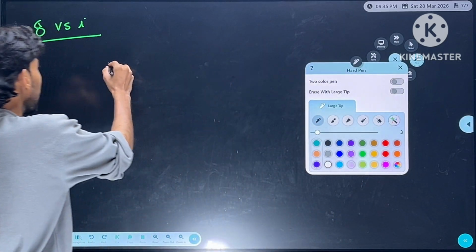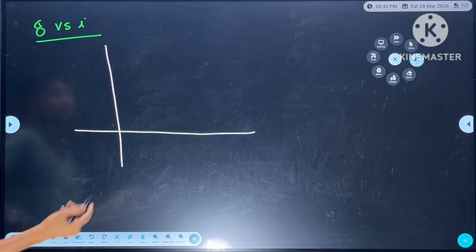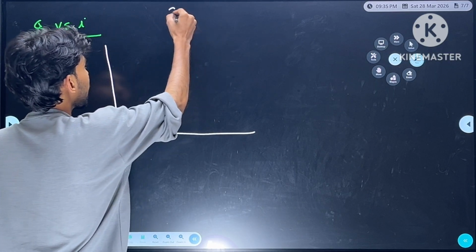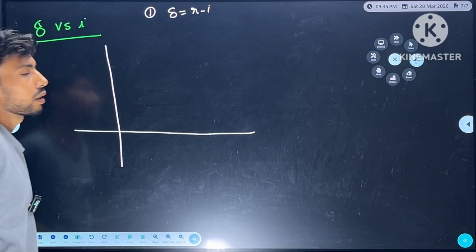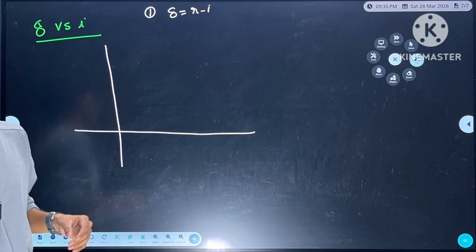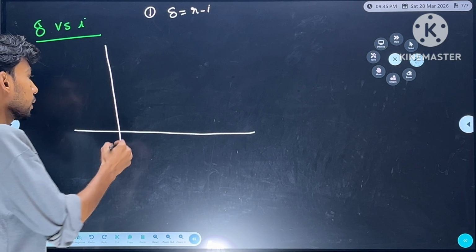Let's draw the graph for the first case when I was less than I_C. There you got the value of delta equal to R minus I. And I told you that if you increase I, R will also increase, and the change in R will be more than the change in I. So delta will increase with I, but it will not increase linearly. What path will it follow?